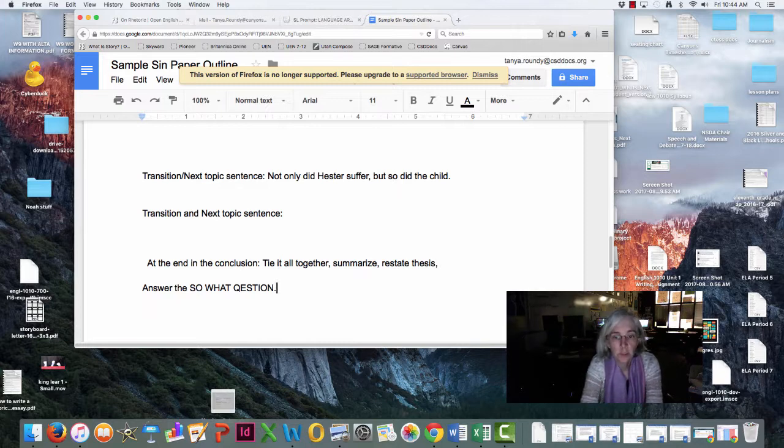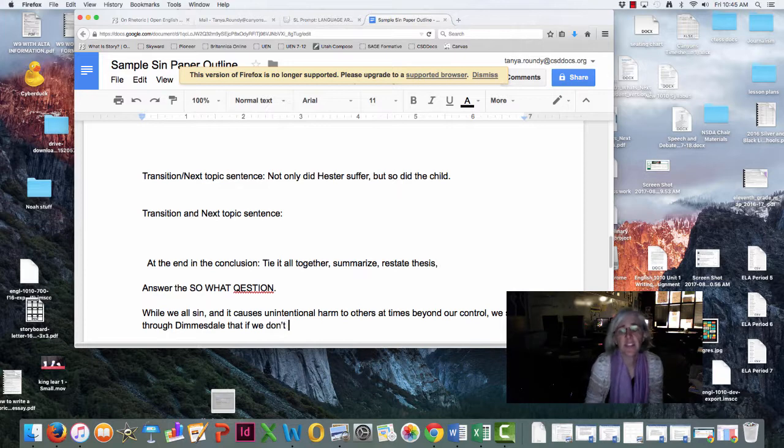If we see through Dimmesdale that if we don't admit our faults and errors, that we can cause worse harm to others and ourselves that could be avoided. And then I could go on further if I wanted to, but that in itself at least leaves a thinking about it.